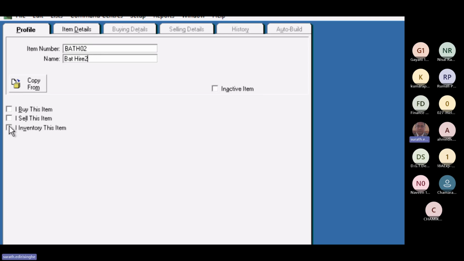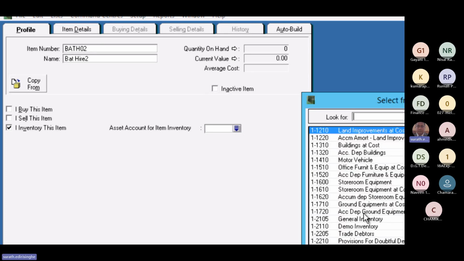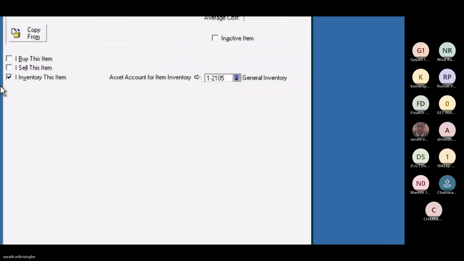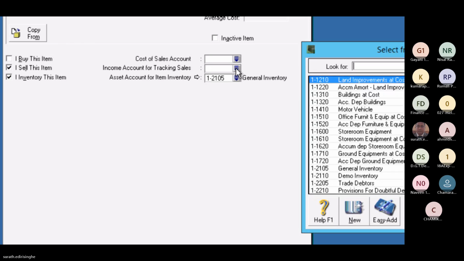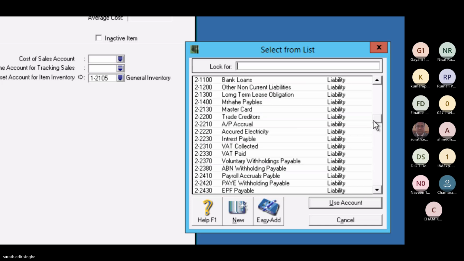I buy this inventory item under general inventory. I sell this inventory item to my fixed asset disposal account.